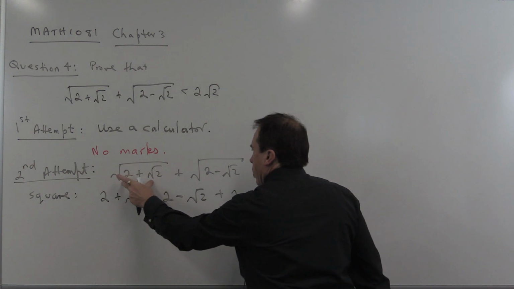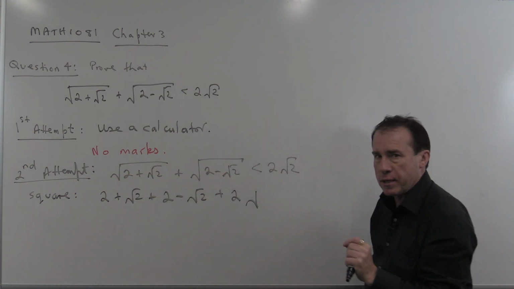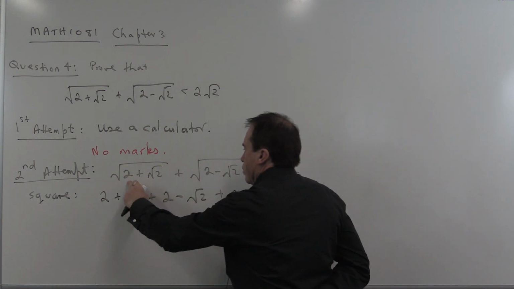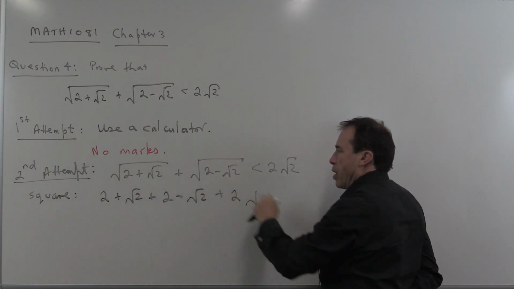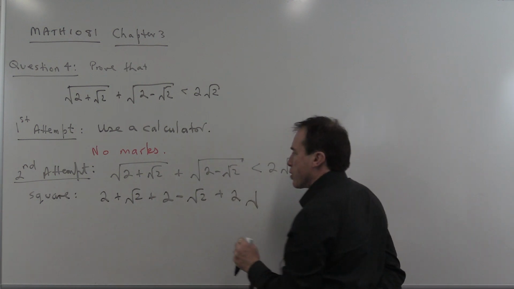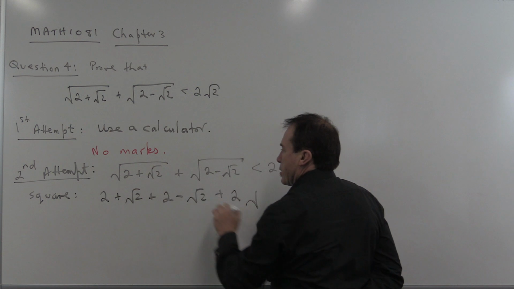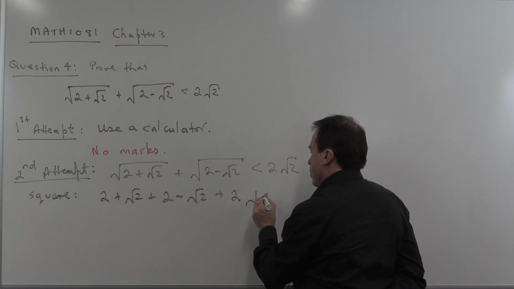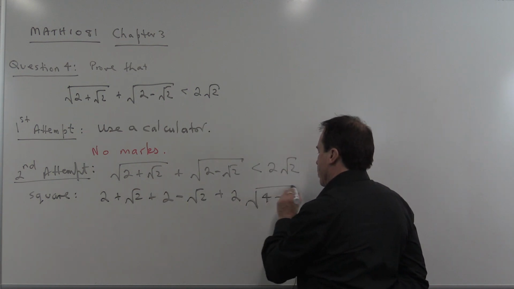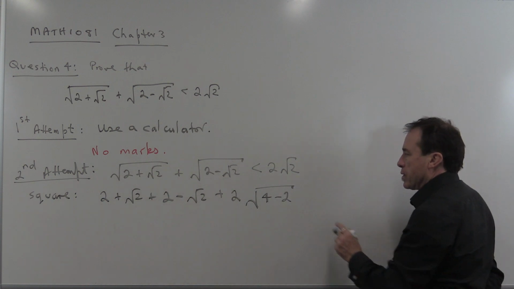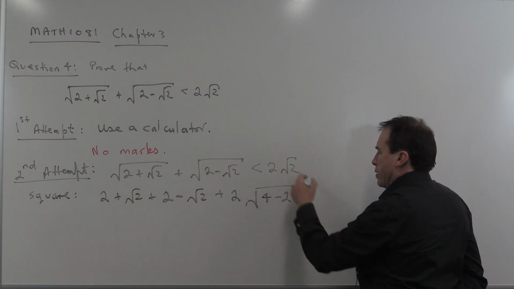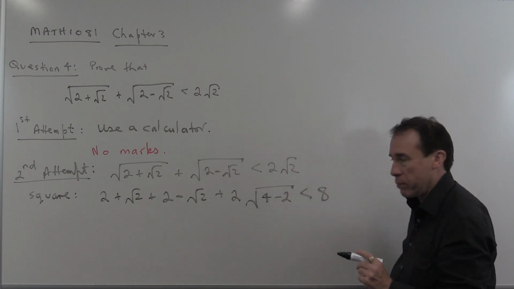So when I take twice the product of these, the bits under the square root sign, I'm going to get 2 plus root 2 times 2 minus root 2, which is a difference of 2 squares. So it's that squared minus that squared. So that will give me 2 squared is 4 minus root 2 squared. So that happens there. On the other side, when I square this, I get the number 8.